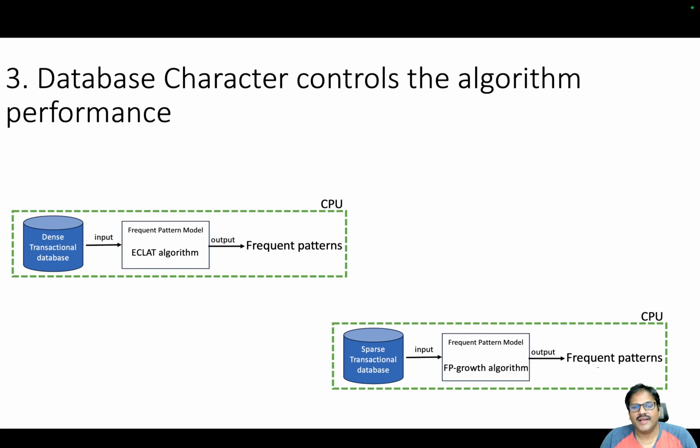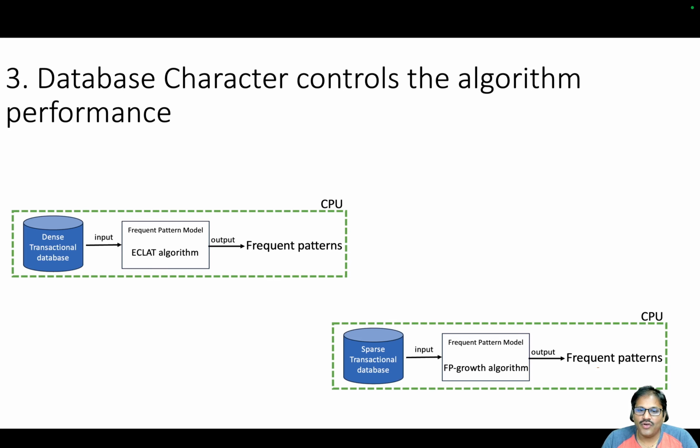Now, let us see how the database character controls the algorithm's performance. So, if your dataset is a dense dataset, then you can use the ECLAT algorithm to discover frequent patterns.